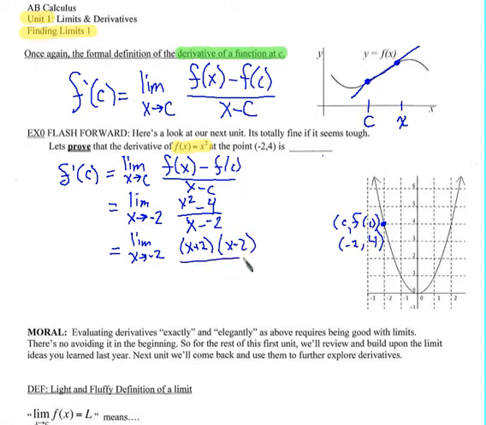The denominator is x plus 2. And you'll notice when x is -2, the denominator is going to be 0, which means we will not be able to find the value of this expression.